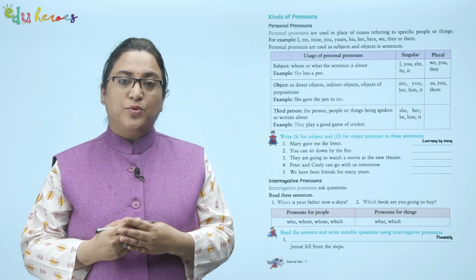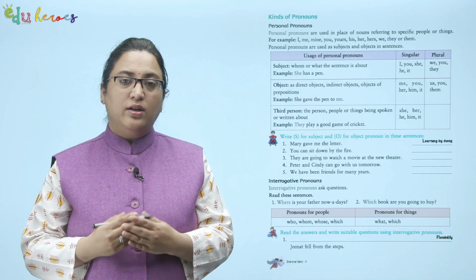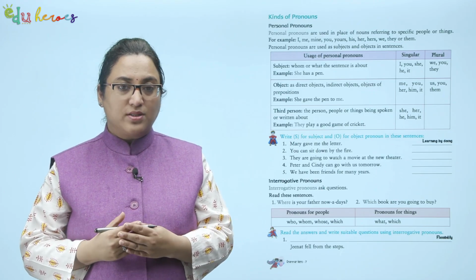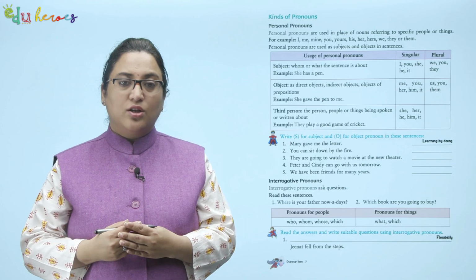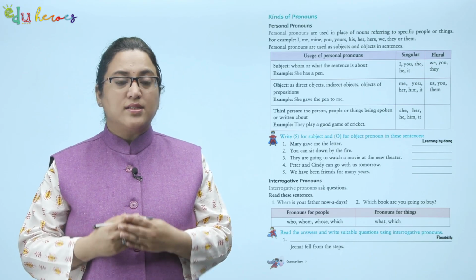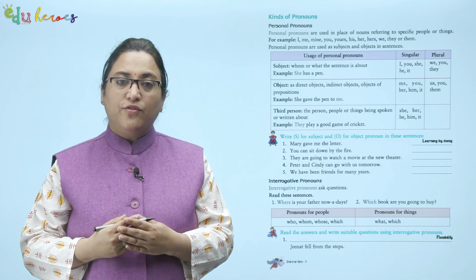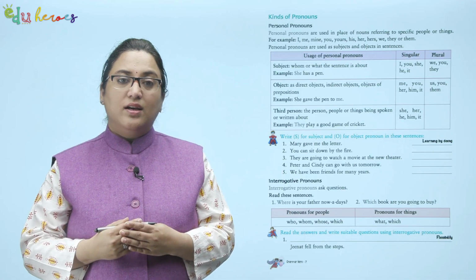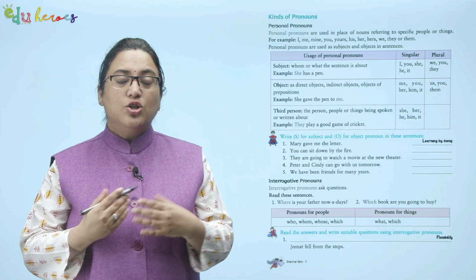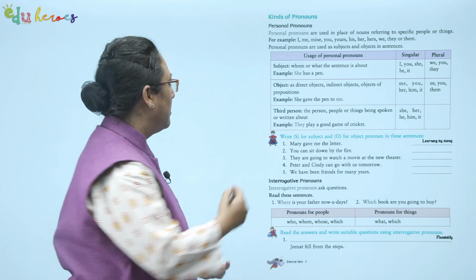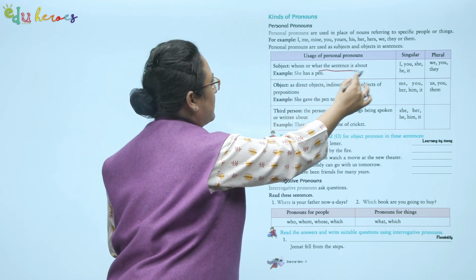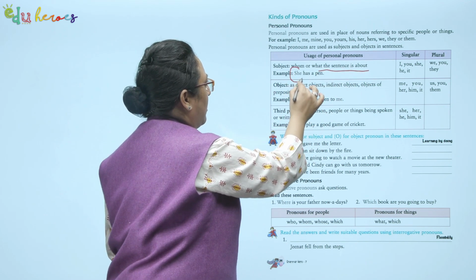Usage of personal pronouns. Let's see how they differ in singular and plural forms. Subject: whom or what the sentence is about. This is the meaning of a subject, right? So here we have the example, she has a pen. The entire sentence is about she.